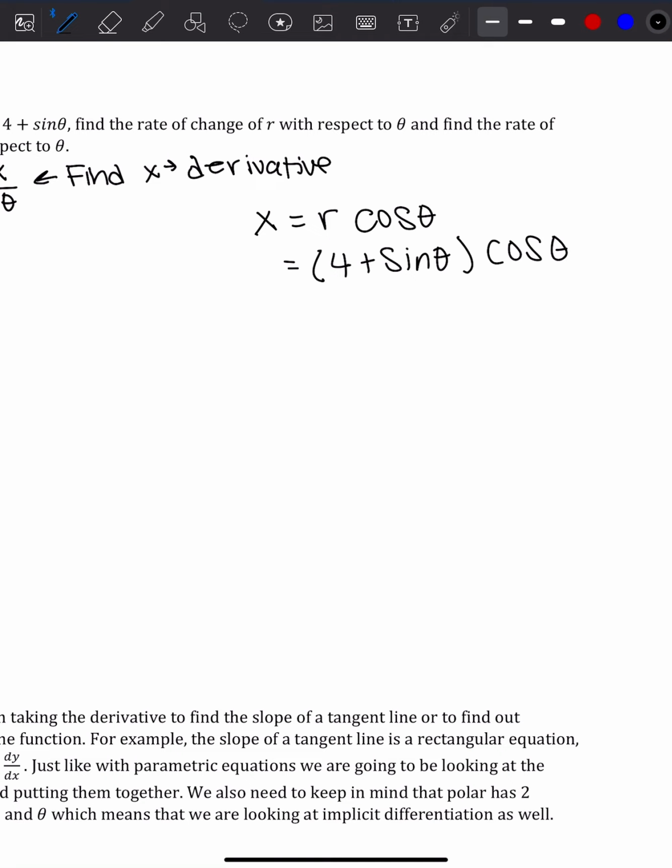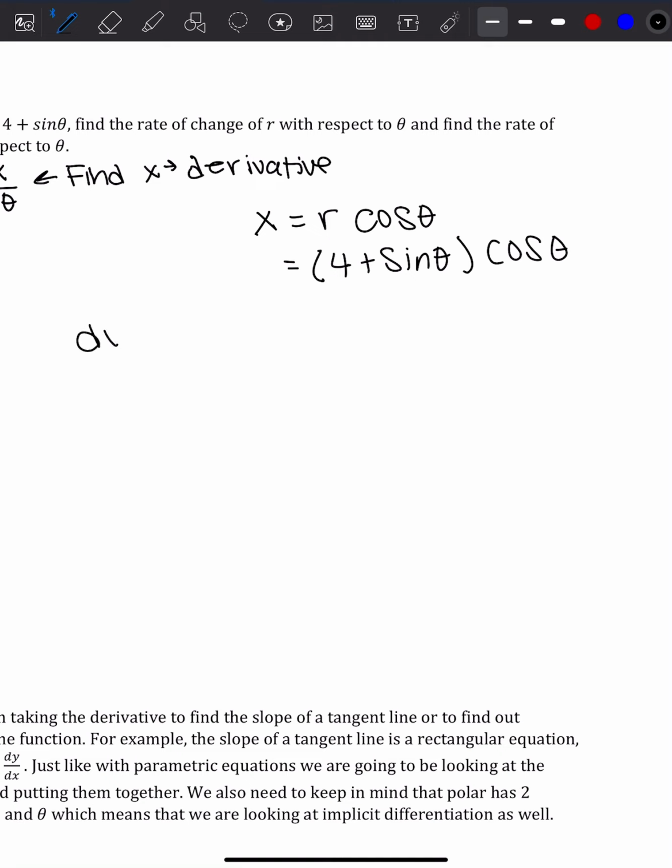Thinking through what would happen if I were to distribute this, this would be 4 cosine, which wouldn't need anything special, but then we would have sine theta times cosine theta, which means I would need to use product rule. I do need to use product rule already because of this multiplication, so I'm just going to go ahead and do the derivative as is.